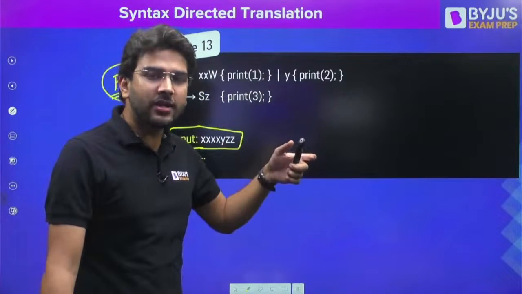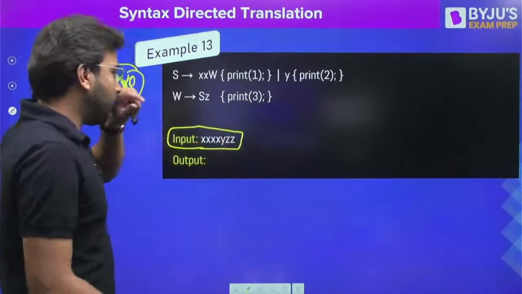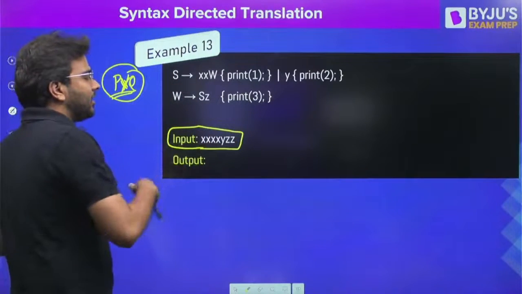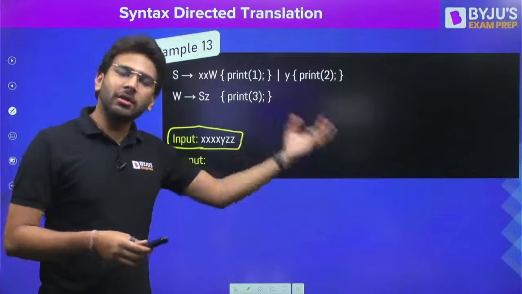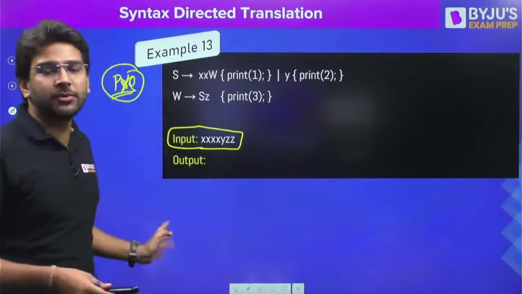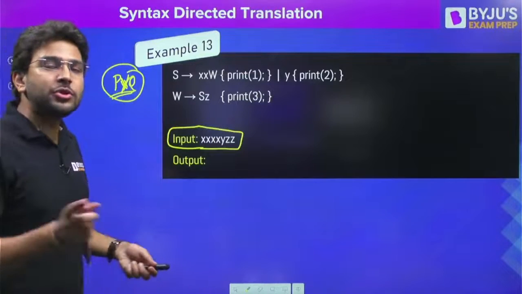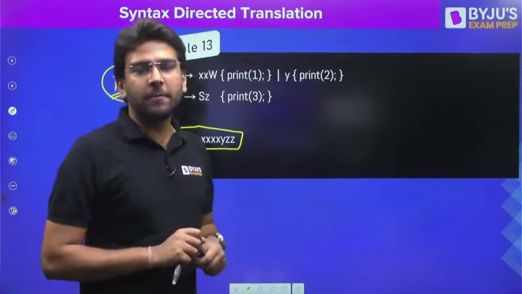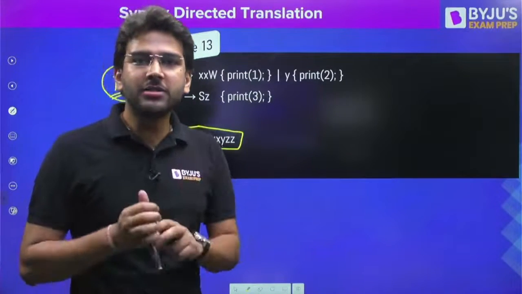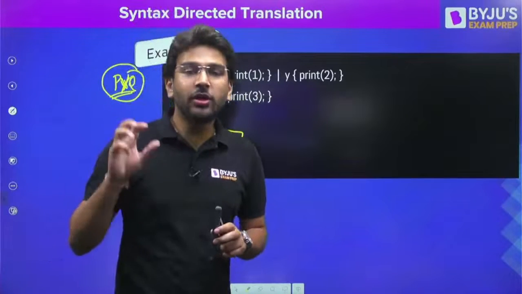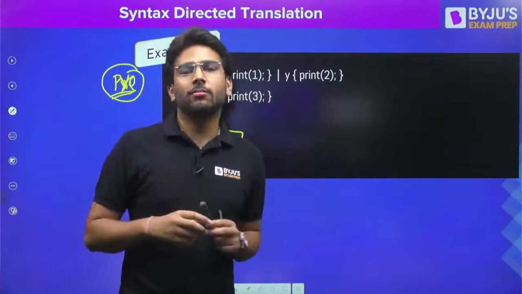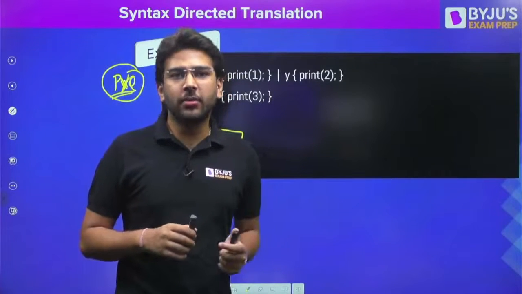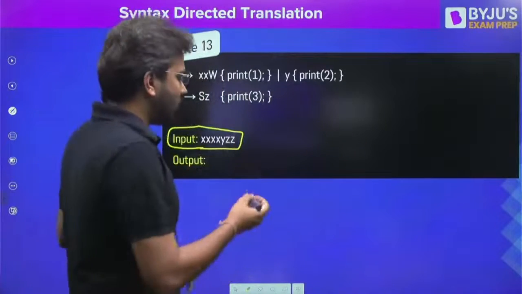Now if it is both, we can use bottom up parsing as well, or you can use depth first left to right. Now which one is easier to evaluate? Depth first left to right. That means L attributed evaluation is much easier than bottom up parsing, which is reverse of RMD. Clear? So now let's solve this question.